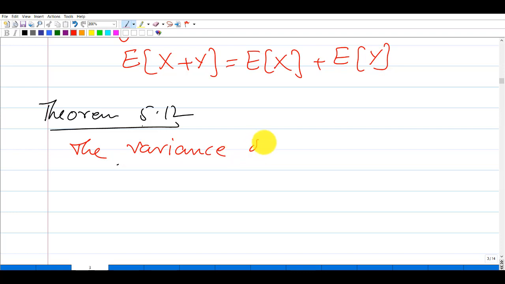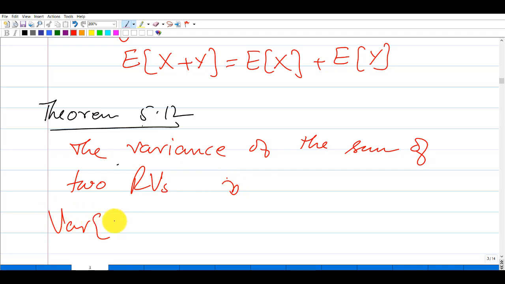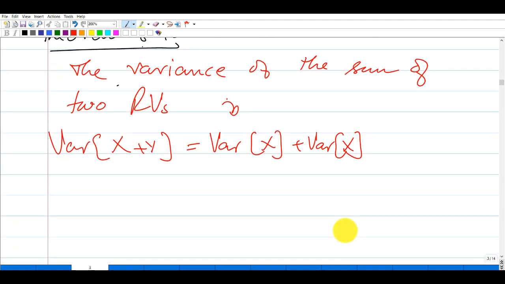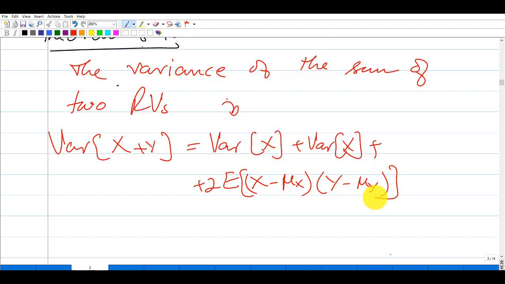Now we will see the variance of the sum of two random variables: the variance of X plus Y is equal to the variance of X plus the variance of Y plus 2 times the expected value of (X minus mu X) into (Y minus mu Y). That whole is the variance of the sum of the two random variables.